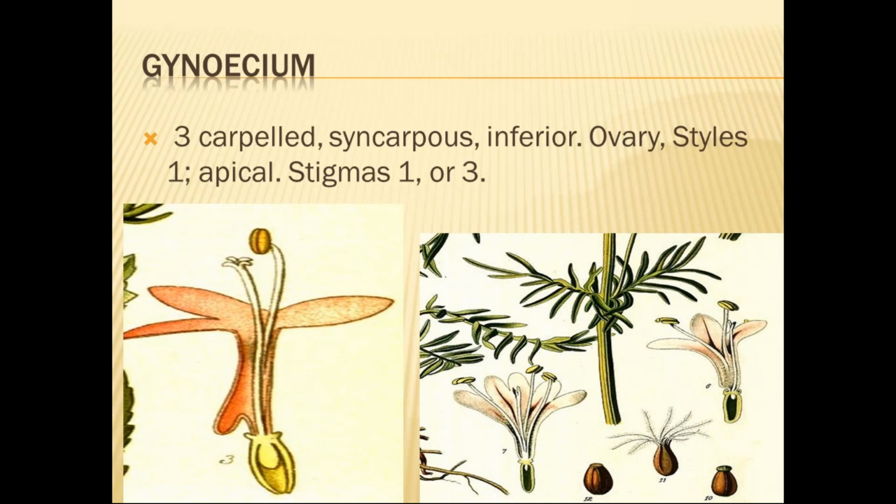That is 3 carpels, syncarpous, inferior ovary. On the left side you can see the red colored petal, where we clearly see how the ovary structure is present in this family: how the inferior ovary is there, how the thalamus and the corolla, that is the perianth, are present, how the androecium is inserted and attached to the base of that corolla, and the stigma, as mentioned, is 1 or 3 in these families.